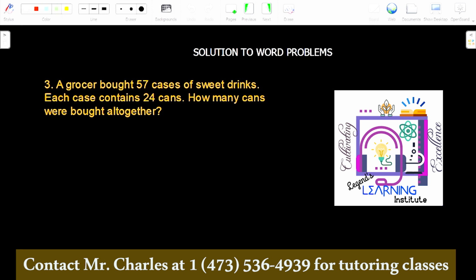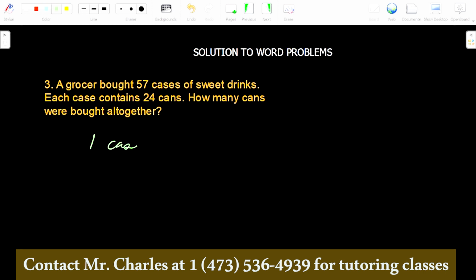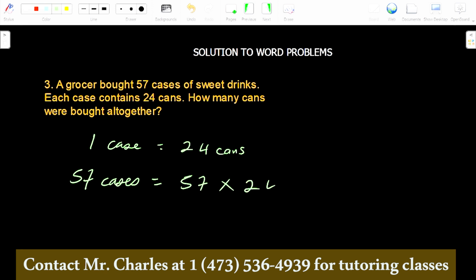To get the total number of cans bought, you have to multiply 57 by 24, because one case equals 24 cans, which is about 2 dozens. So 57 cases would be equal to 57 times 24.